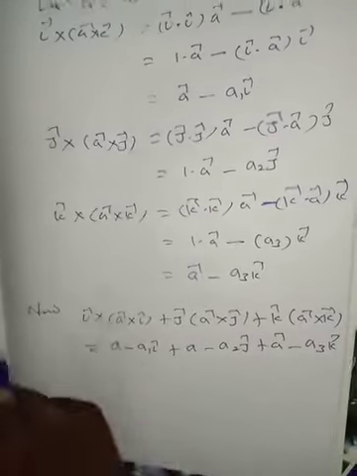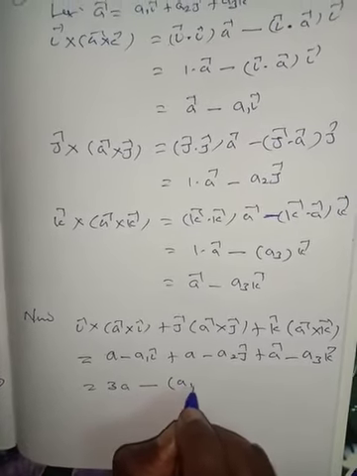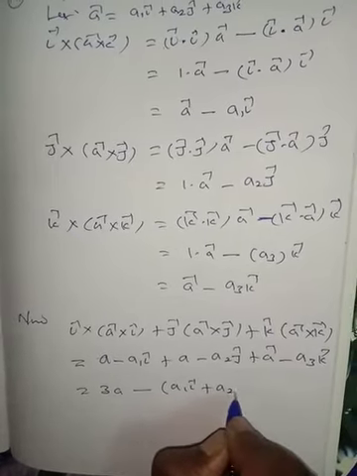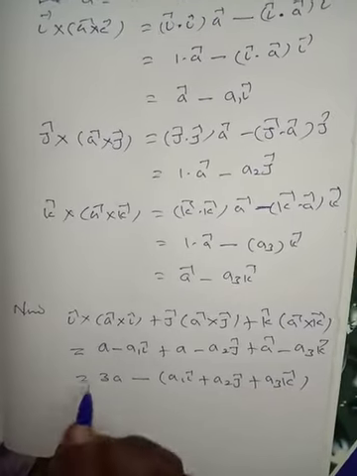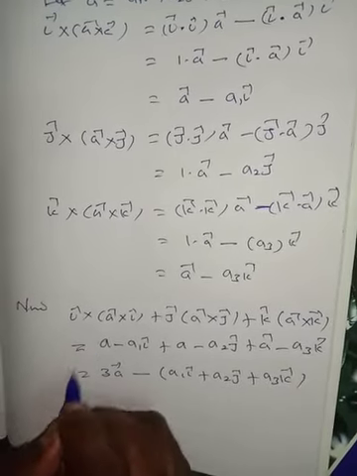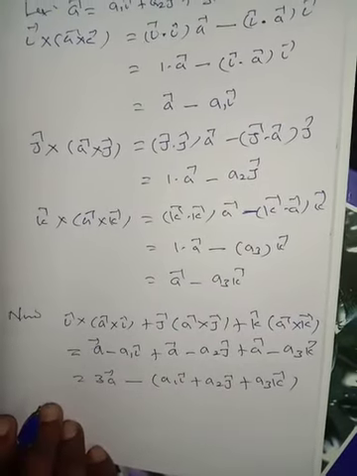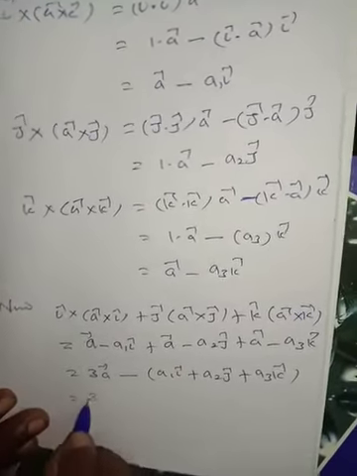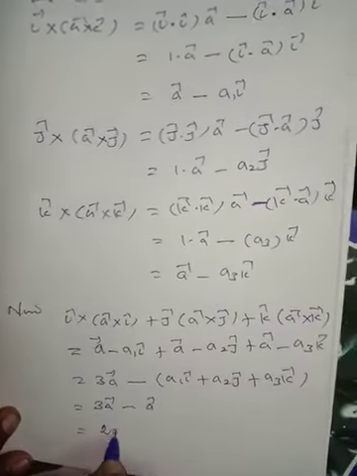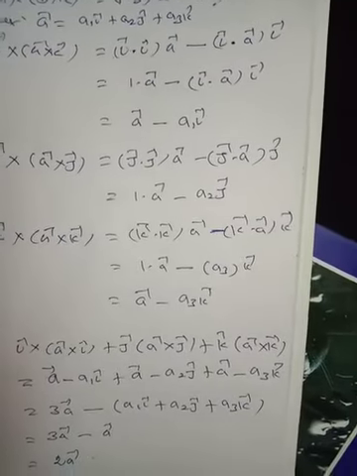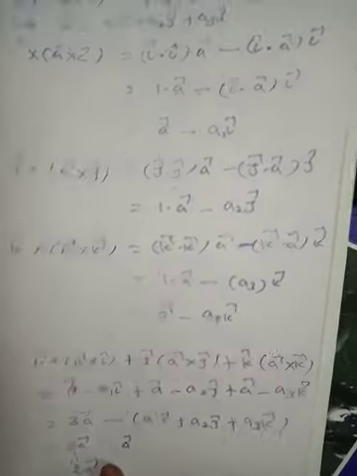Collect: 3a vector minus (a1 i vector plus a2 j vector plus a3 k vector) is equal to 3a vector minus a vector, which is 2a vector.